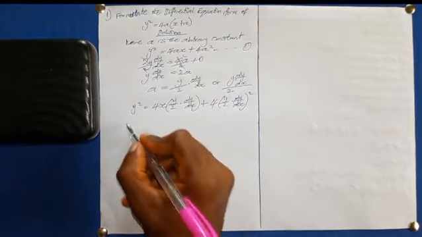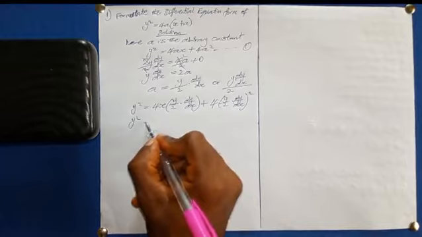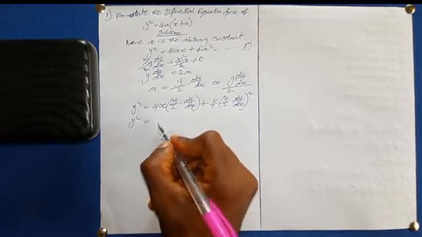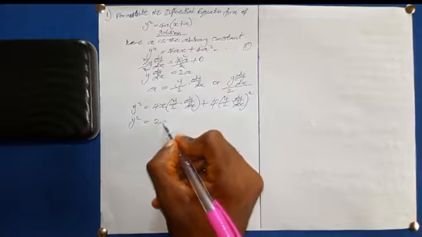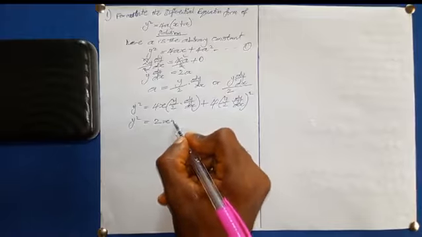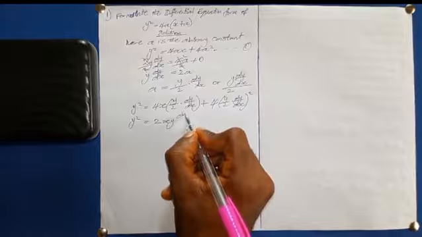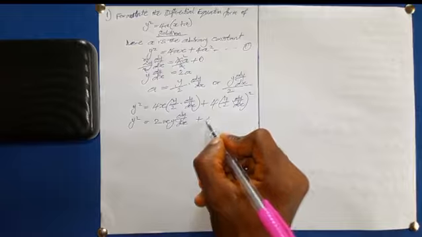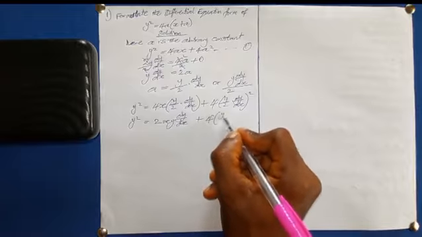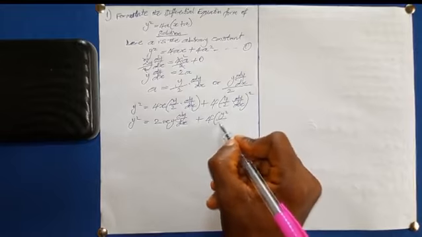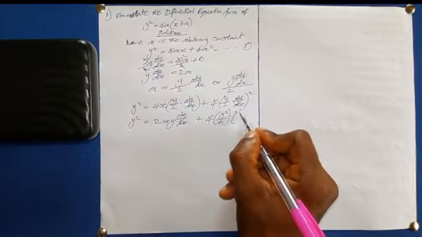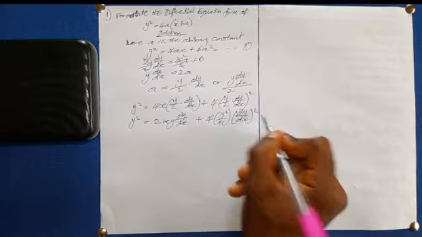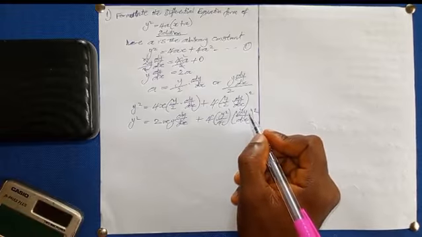Then y squared equals 2xy dy over dx plus 4y squared over 4 times dy over dx squared. Please don't forget to put your square.